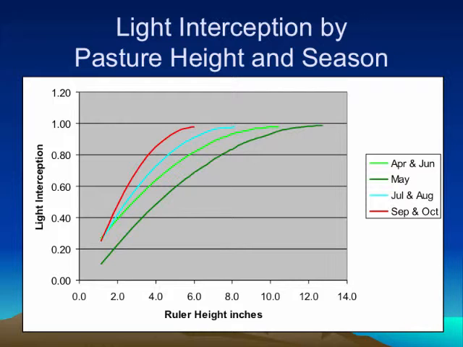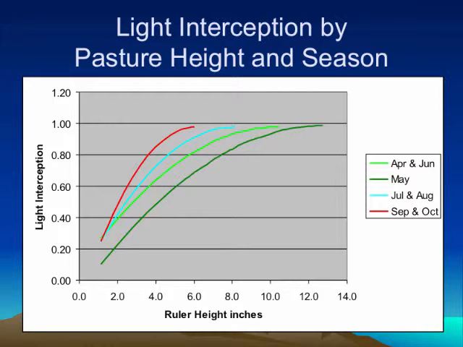Density. Thank you. So I'm just using height today to show the principle, but density is also important here and plays into it. So this line right here, May, notice that it takes about 10 inches of height to get up here close to 100% light interception.